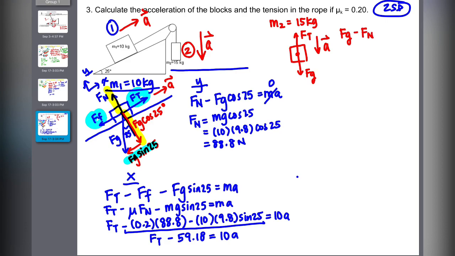So my Fnet equation is down, which is Fg, minus up, which is Ft, equals Ma. Fg means m times g, minus Ft equals Ma. Throw in the numbers that I know: m is 15, g is 9.8, minus Ft equals m, which is 15, times A.